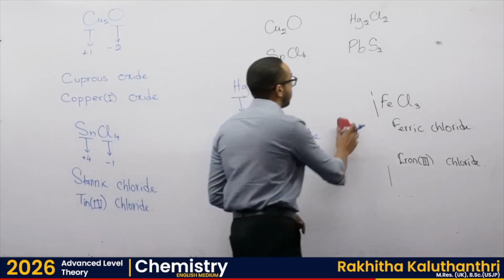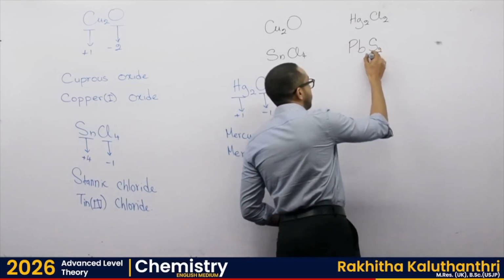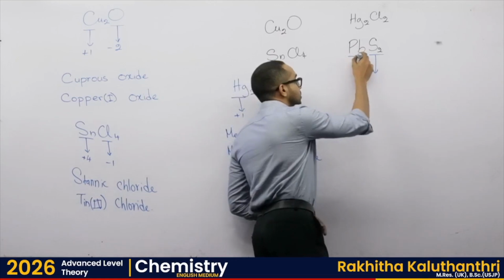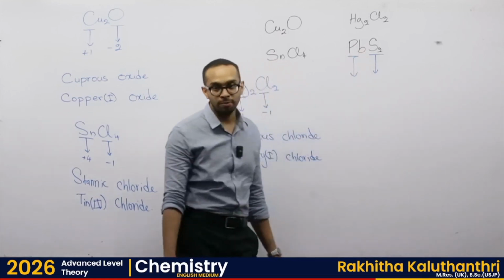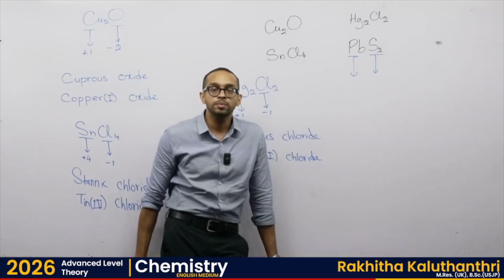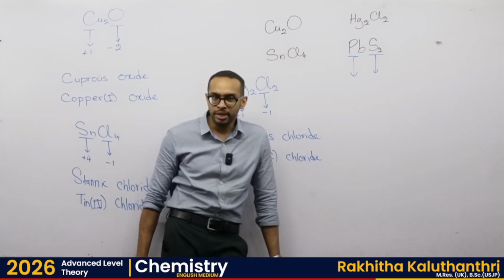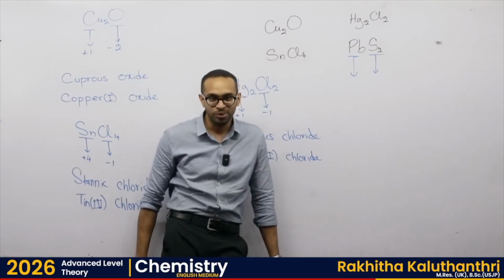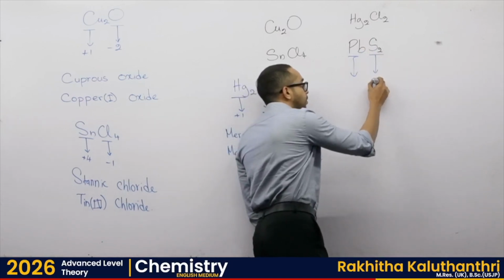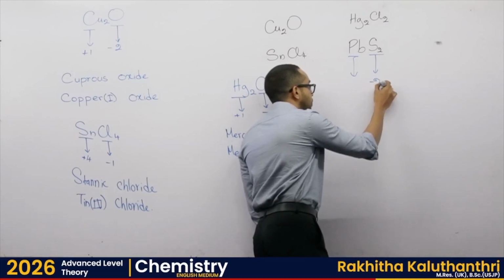And finally we have, can anyone tell me the oxidation state of sulfur and Pb here? Can someone tell me the oxidation state of Pb here? Is it +2? +3? +4? Yes, it's +4. Sulfur forms 2 minus ions, so the oxidation state of sulfur is -2.